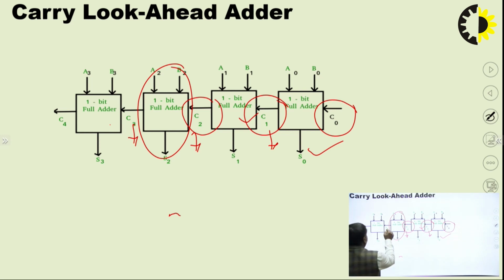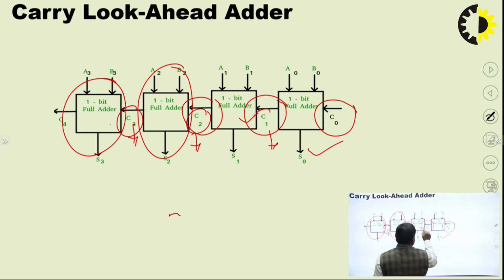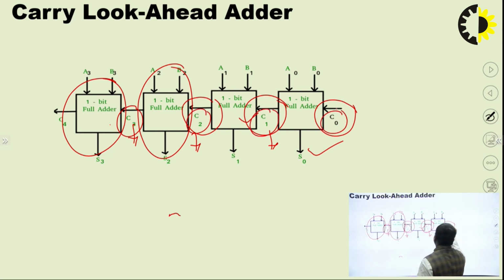Similarly, we find the value of C3 directly, by which we can remove the carry propagation delay of this full adder. Then how can we find the value of C3? The value of C3 depends upon the values of C2, C1 and C0.